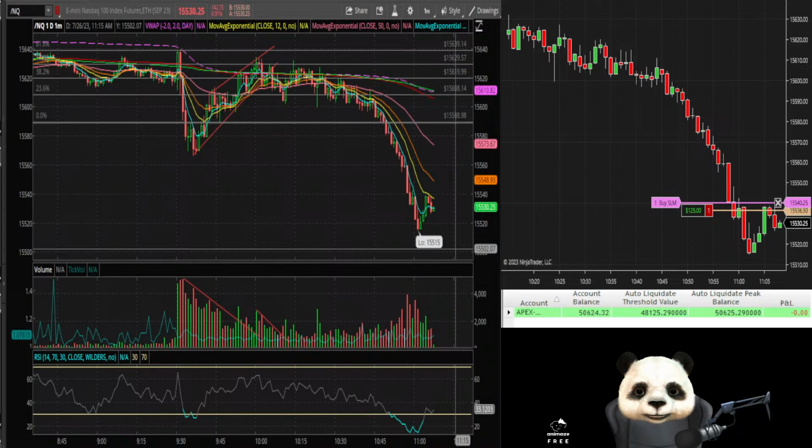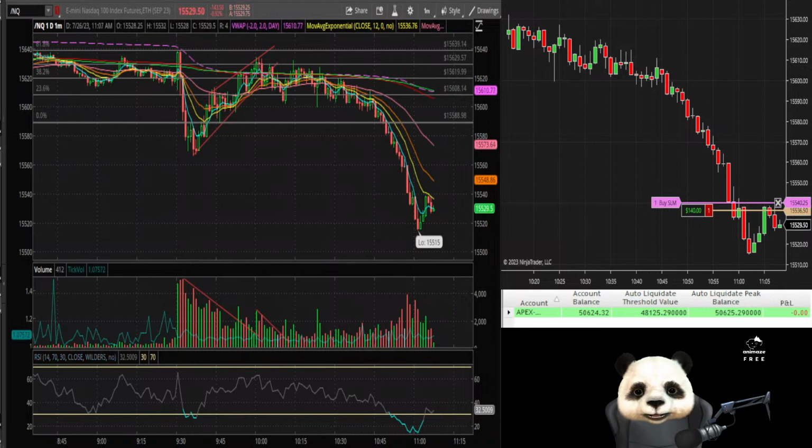But just to be safe, we got the 20s for some liquidity, it looks like. 20 or just below. But I'm going to be aiming for... Honestly, I'm gonna be aiming.